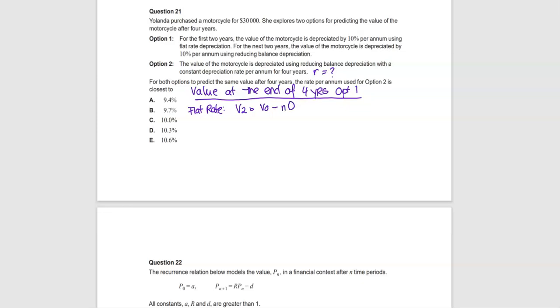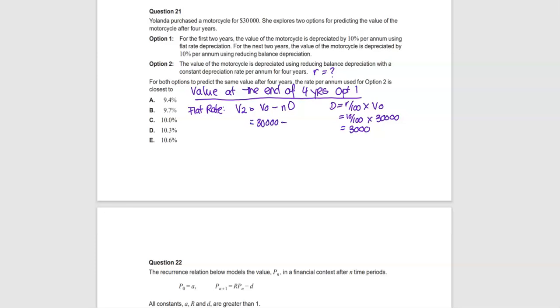So it's got D. We know what V0 is. So if I just find what D is using the formula, it's rate over 100 times V0. So that would be 10 over 100 times 30,000. So we end up with D is 3,000.